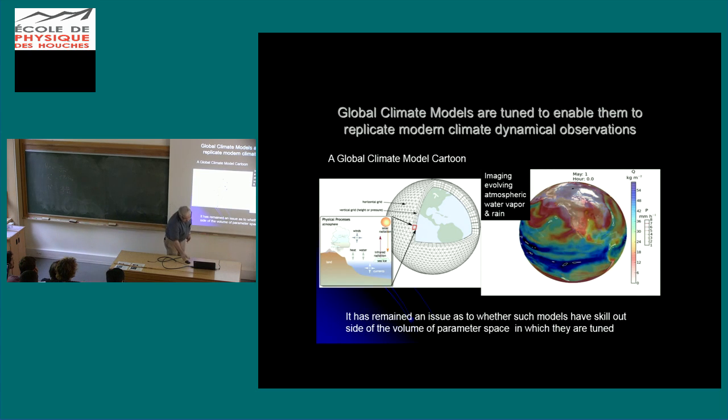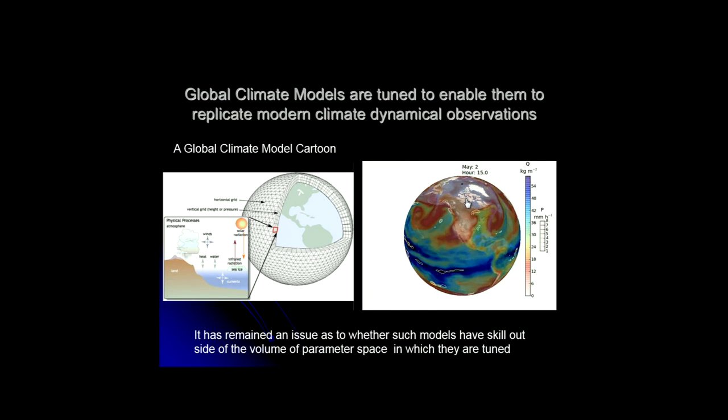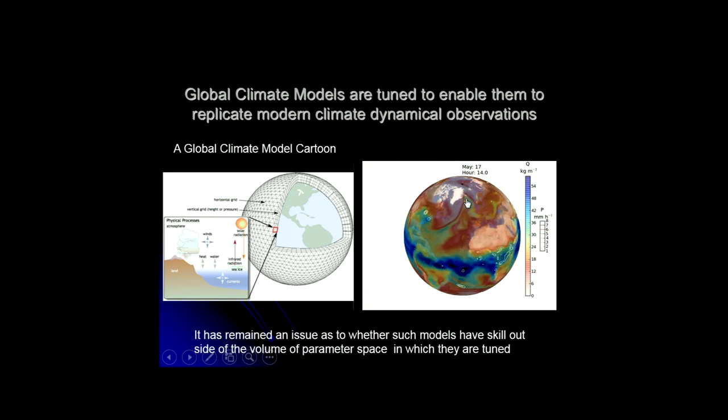So just to start, I thought I would show this animation produced basically of the moisture field, vertically integrated moisture field in a modern climate model. And here I'm using the CESM1 coupled structure that's been built in NCAR. And what I'm showing is an animation of the vertically integrated moisture content in the atmosphere, as well as the rain which is occurring in the system.